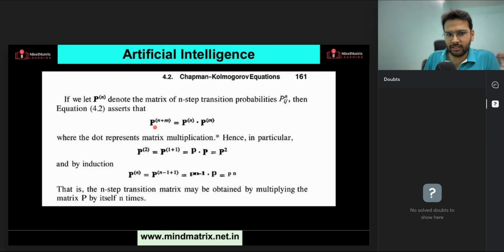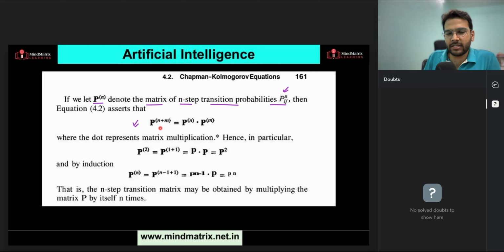They have also mentioned that if we let P of n denote the matrix of n-step transition probabilities, this P of ij of n that we were calculating, from state i to state j after exactly n steps, we can write it like this.